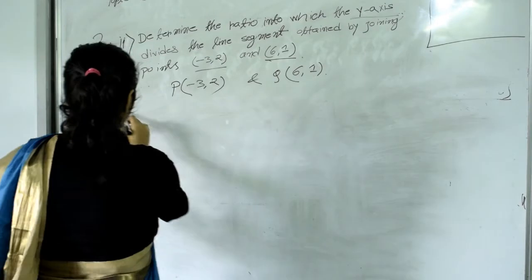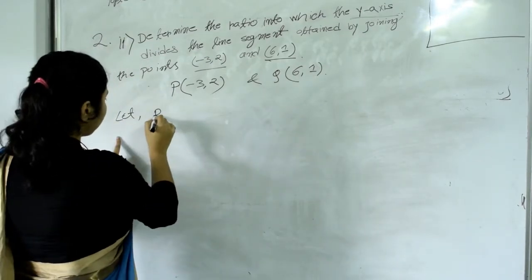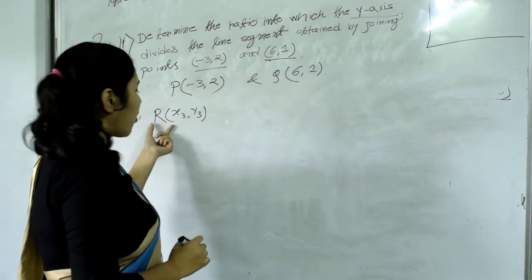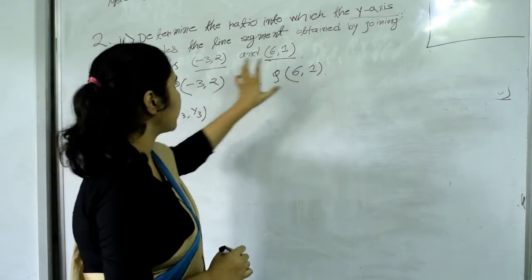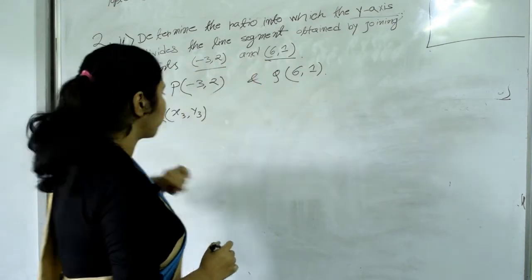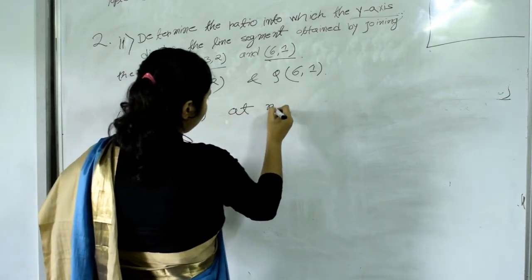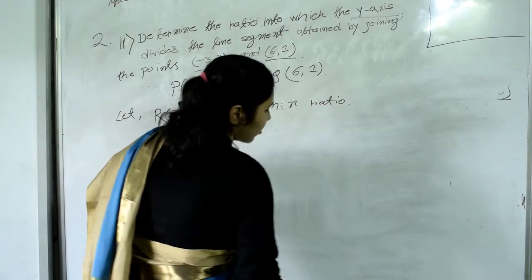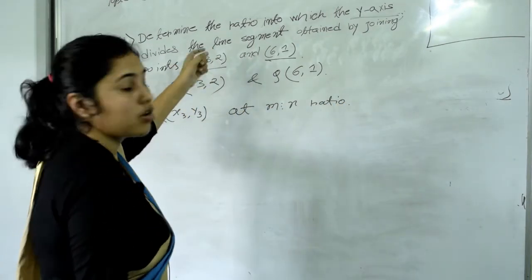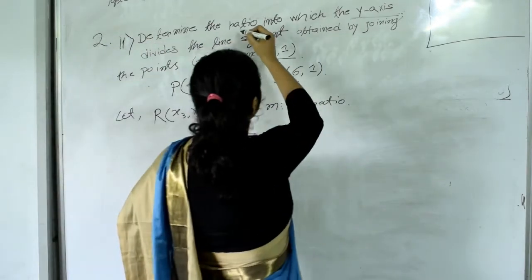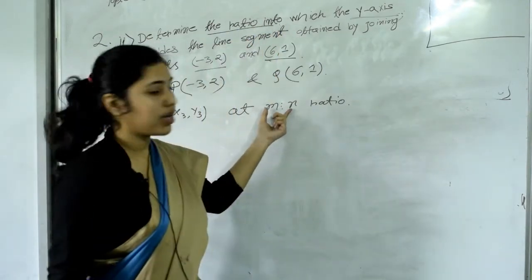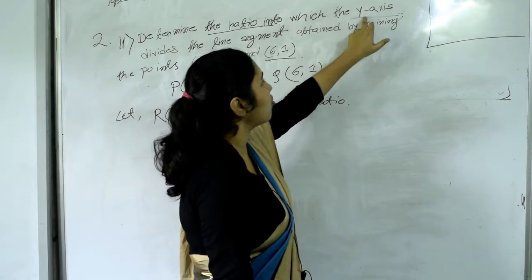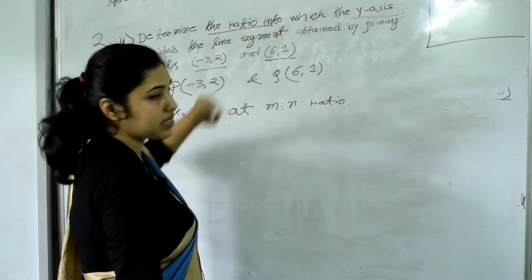Okay, and also let that R, with coordinate (x3, y3), divide this line segment joining these 2 points in the ratio m is to n. Now here in this question one more important thing is we have to determine the value of m is to n into which the y-axis divides the line segment.